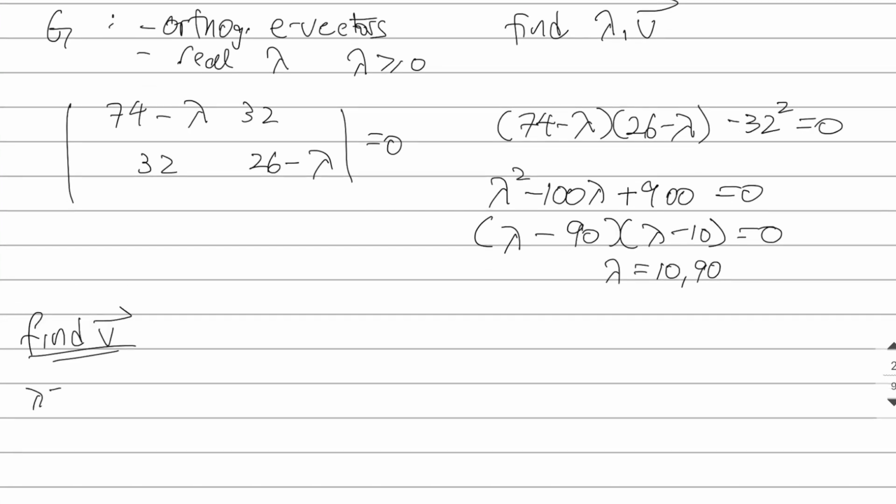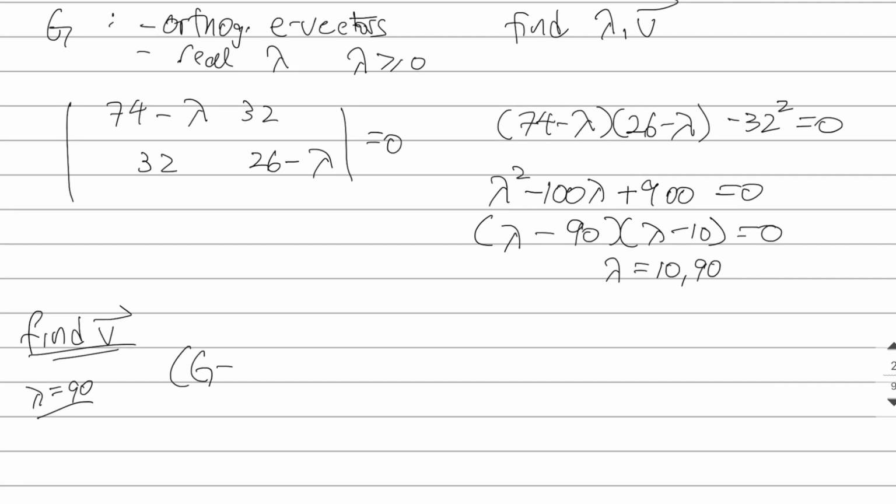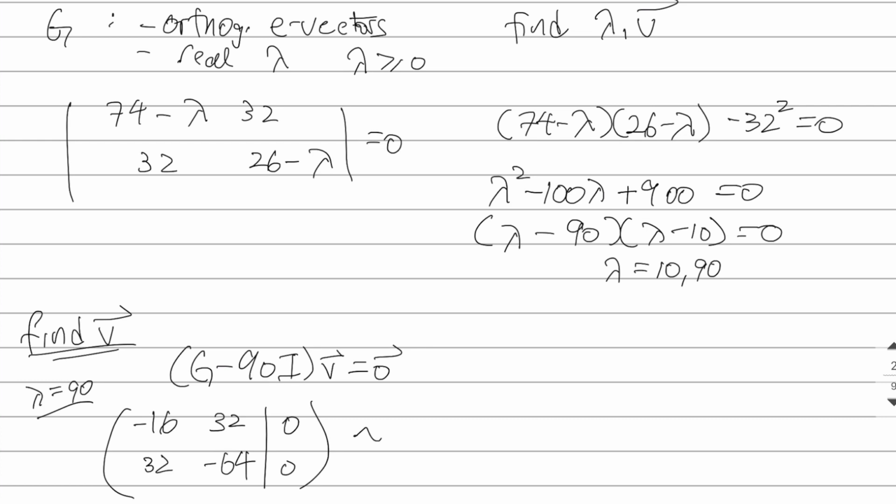So let's say we start with lambda is 90. We need to solve G minus 90I times this mystery V equals 0. What this is going to give us is negative 16, 32, and 0, 32, negative 64, and 0, which you can row reduce into 1, negative 2, 0, 0, 0, 0.